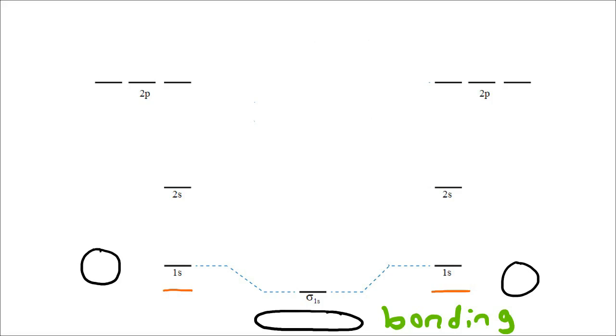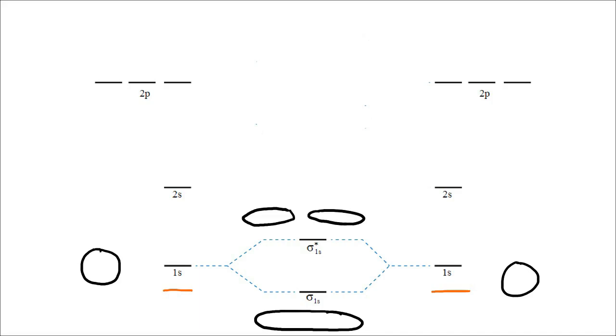You can also imagine these atoms coming together and the electrons repelling each other more than they're attracted to the nuclei on the other atom. In that case, you would form what's called an antibonding orbital. You'd have an orbital like this, where the clouds the electrons are moving in are repelling each other, pushing in opposite directions, and that would be antibonding, because it's trying to make the atoms fly apart.